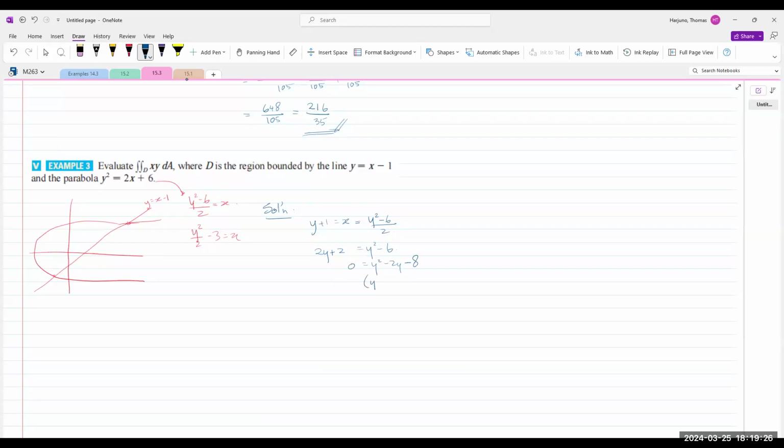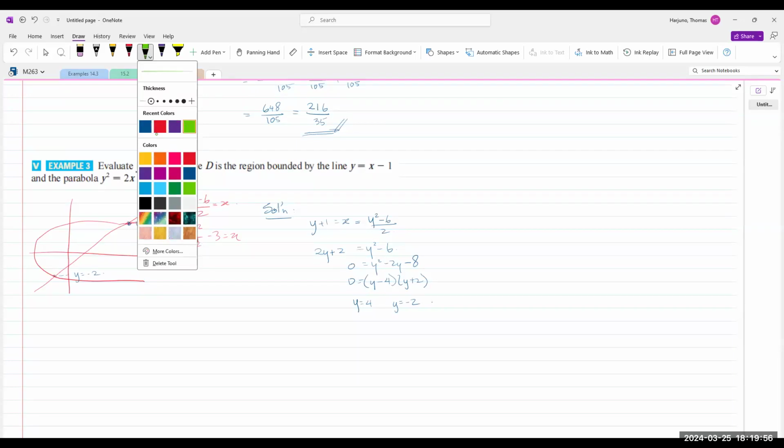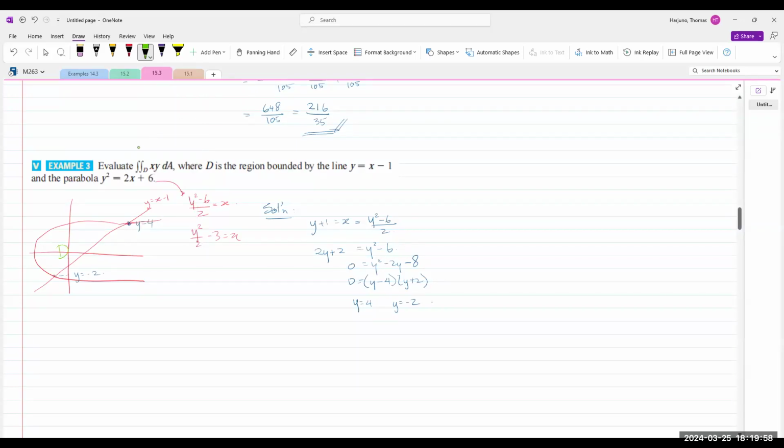So y minus 4, y plus 2. So we have y equals 4 and y equals negative 2. Okay. So the y here is 4, the y here is negative 2. So our integral now will be in terms of y first, huh? So the domain D, let me change the color. The part that I write in D's, you don't need to write down.